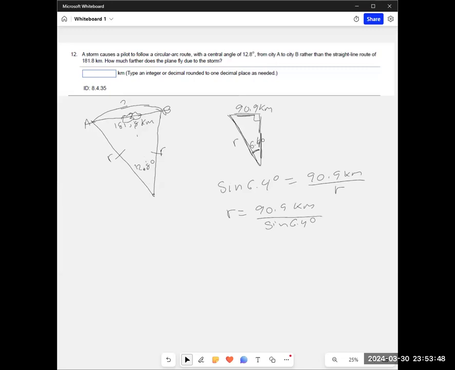I have my calculator in degree mode here, and I'm going to have 90.9 divided by sine of 6.4.